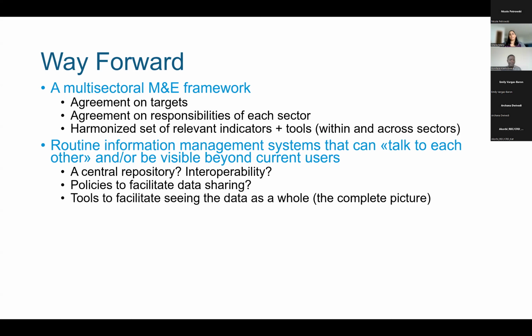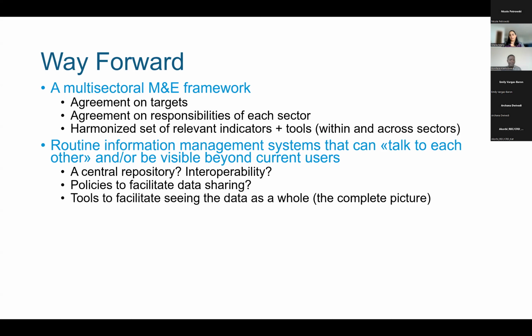And so if we want to see the whole picture, we need a way for the systems to talk to each other or be connected in some way. That could be an umbrella system through which you could pull out the relevant indicators that you are looking for. We might need policies that allow for data sharing. And we need maybe dashboards or scorecards or some other way to pull the information together at the right time, at the right place.